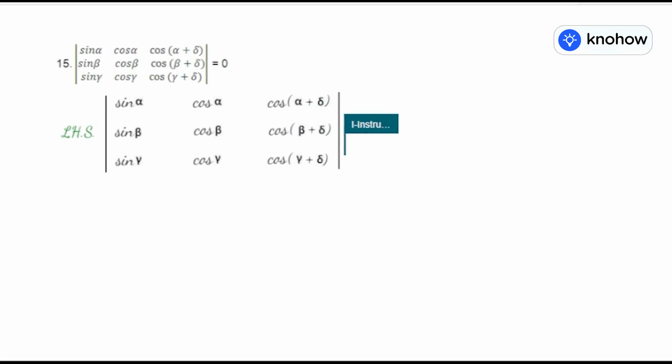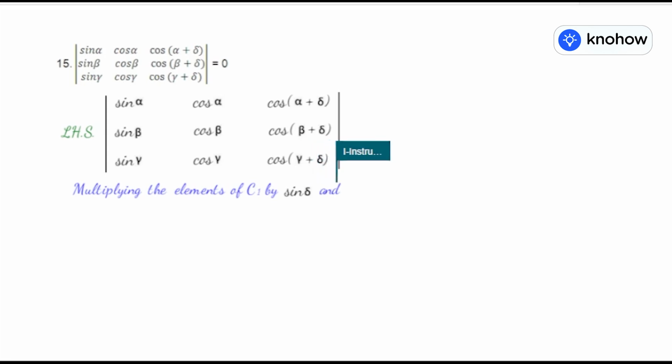Now you multiply the elements of column 1 by sin delta and that of column 2 by cos delta, and open the elements of the third column.